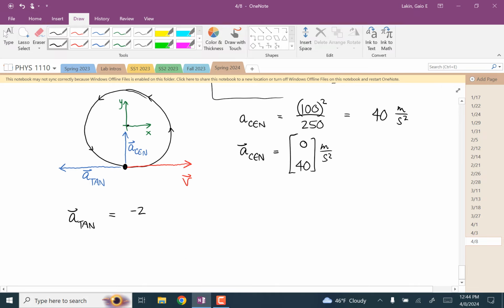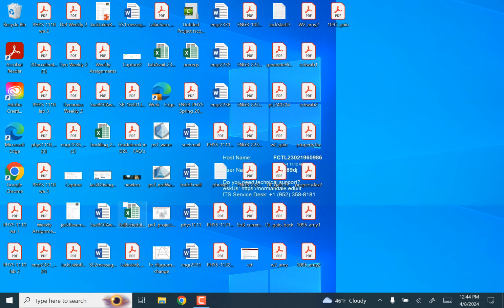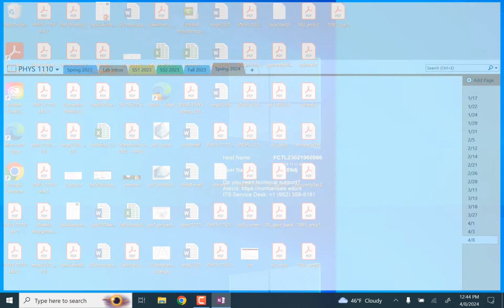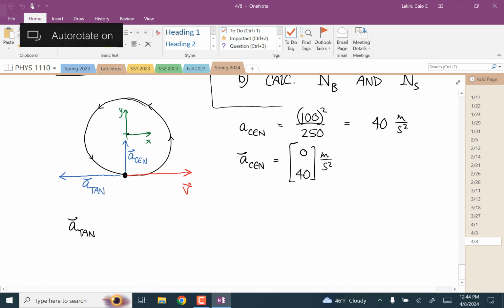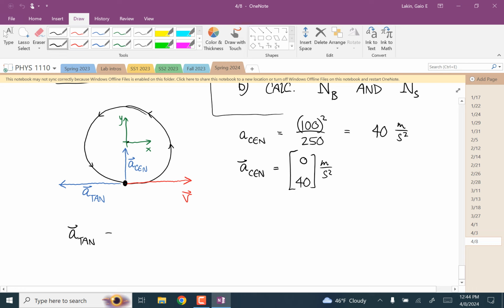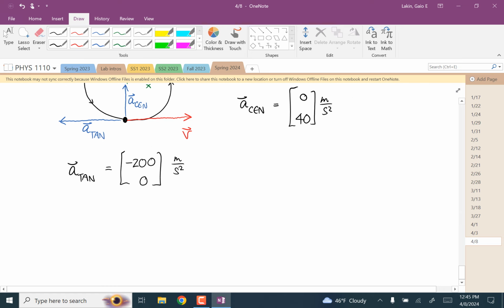So this is negative 200, 0. And so the total acceleration in this case is 0, 40 plus negative 200, 0. And that's negative 200, positive 40.